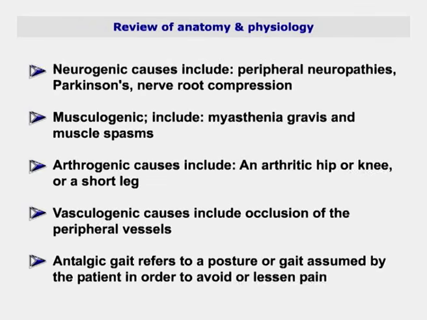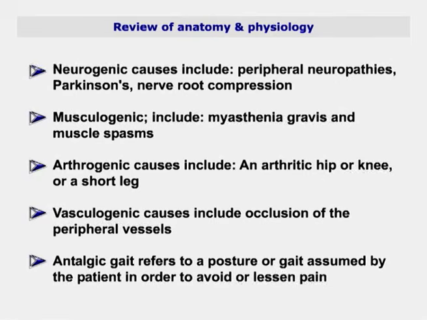For instance, neurogenic causes of abnormal gait include peripheral neuropathies, Parkinson's, nerve root compression, and many others. Musculogenic include myasthenia gravis and muscle spasms. Arthrogenic causes include an arthritic hip or knee or a short leg.